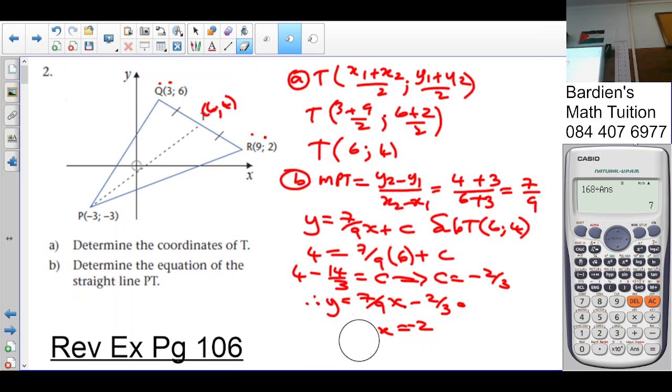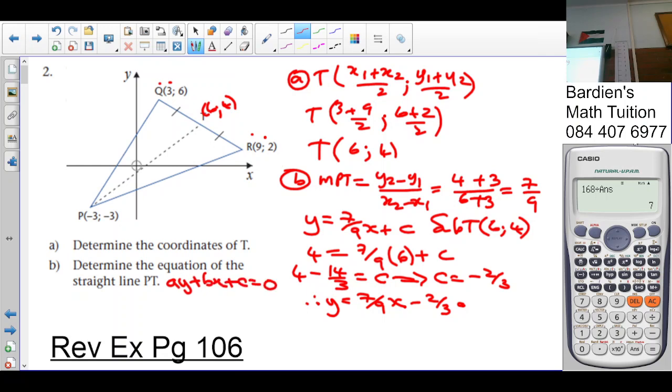Unless the question says you must write it in the form of ay plus bx plus c is equal to 0 or equals to c. That is what we call the general form. If the question says write it in that form, then you know you must multiply, get rid of the fraction, where a, b and c are integers.